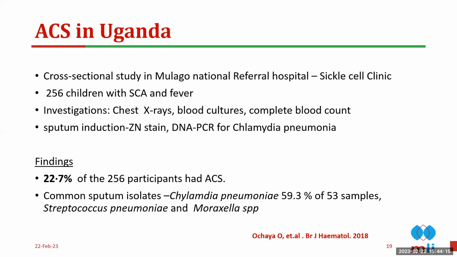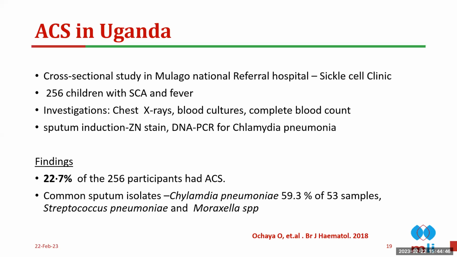So some work that has been done in Uganda, there was a cross-sectional study by Ochaya and team. It was done in Mulago Sickle Cell Clinic. It was a big study involving 556 children who had sickle cell anemia and presented with fever. They did intensive investigations. They did chest X-rays, blood cultures, complete blood count, and looked out for TB using ZN. They did DNA PCR to look out for Chlamydia pneumoniae, and that is an atypical bacteria.